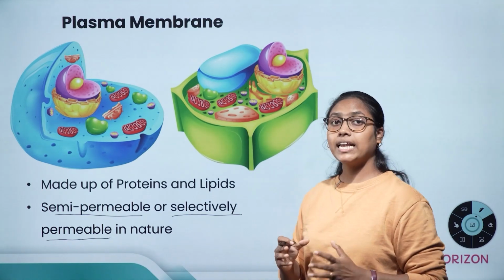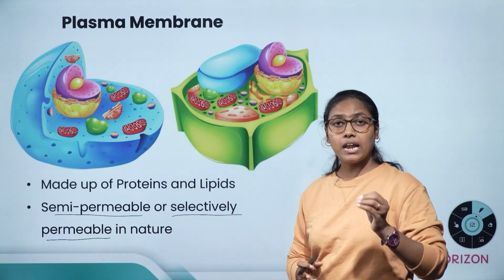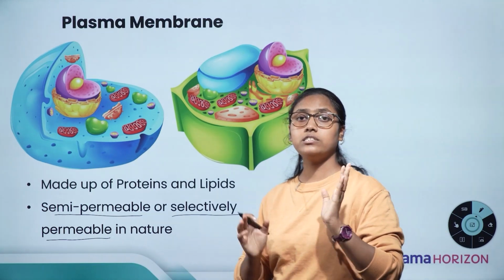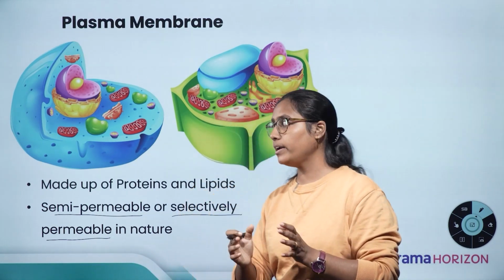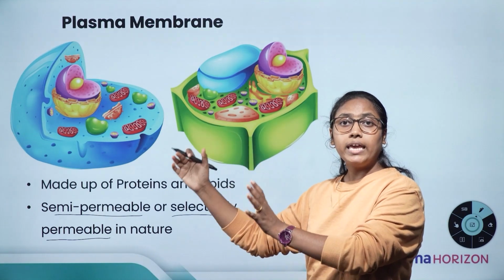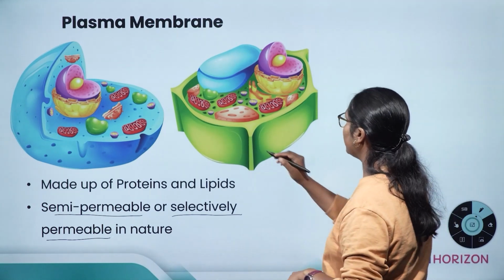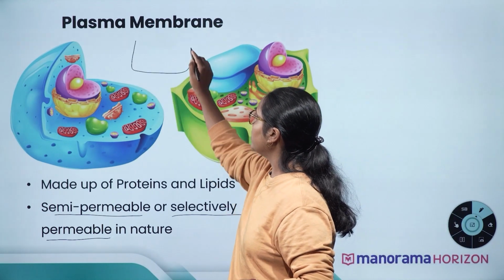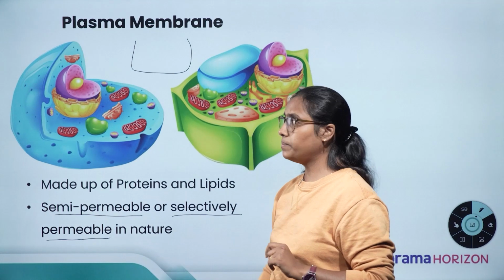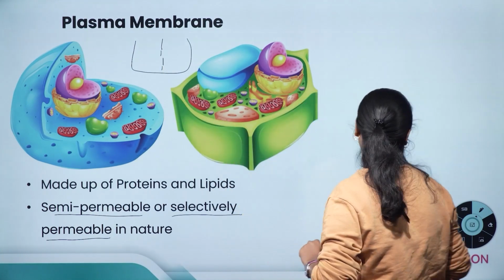Now, what is meant by selectively permeable? Selectively permeable means it allows only selected substances, whatever is required, only those substances are allowed to pass in and out of the membrane. For example, just imagine I have taken a bucket here. I have separated this bucket by a membrane.